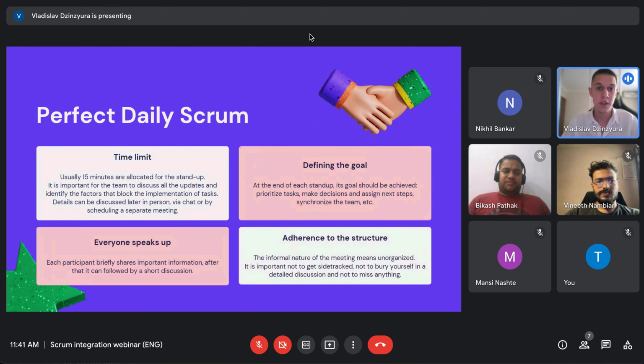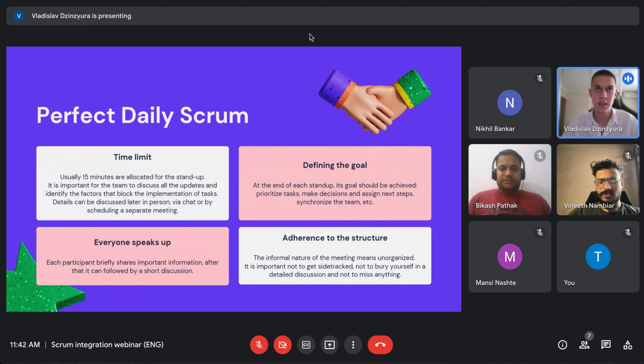So, what does the perfect daily Scrum look like? There are at least four ground rules to have the perfect daily Scrum. It's a time limit, definition of the goal, everyone speaks up, and adherence to the structure. So we discussed already the time limit. Usually 15 minutes are allocated for the stand-up, and it's important for the team to discuss all the updates and identify the factors that block the implementation of our tasks.